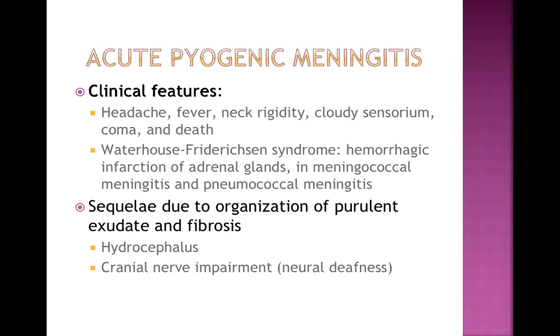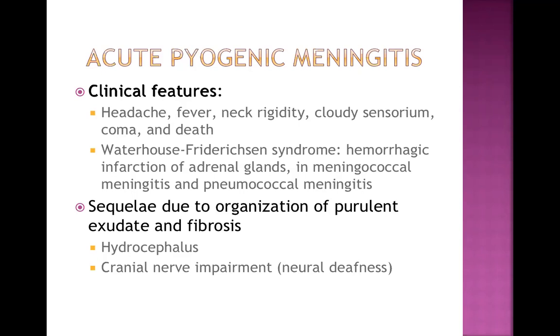If meningitis is not treated in time, or even if we treat meningitis effectively, there will be some sequelae formation. Sequelae means some outcome will persist there. And this is mainly because of organization of purulent exudate and fibrosis.